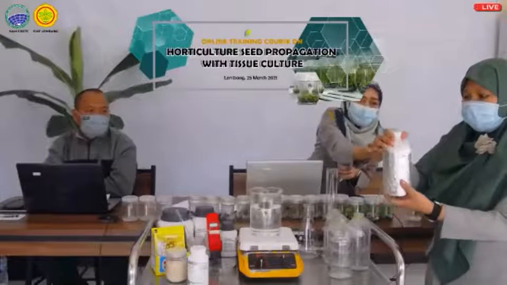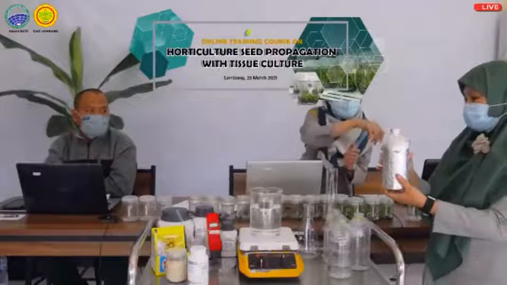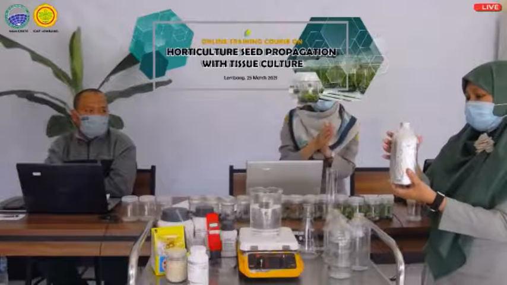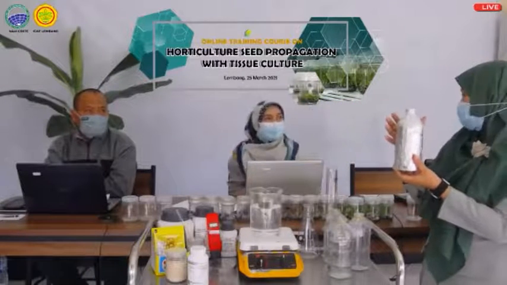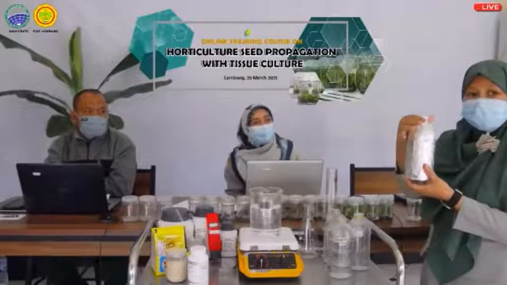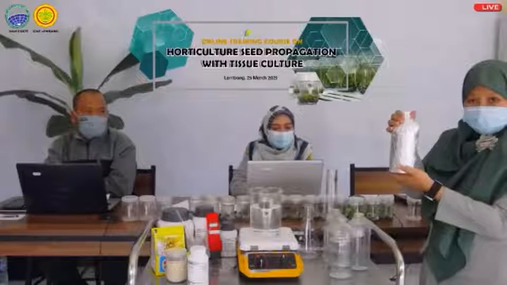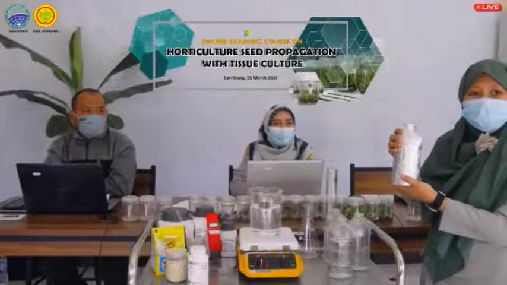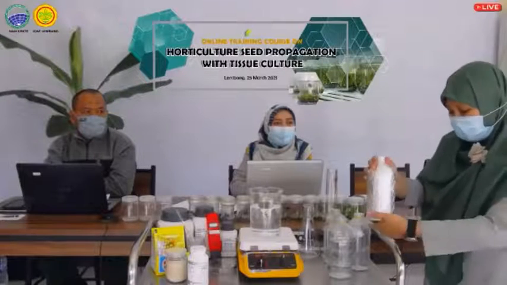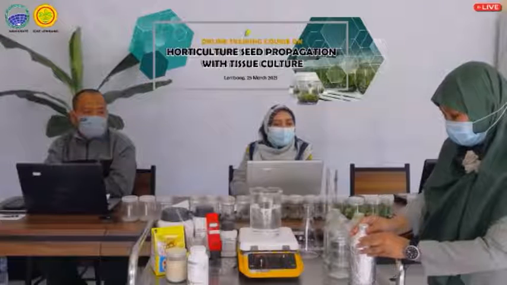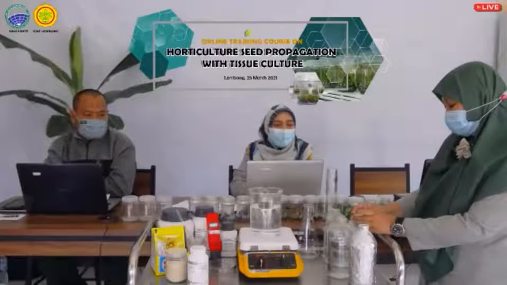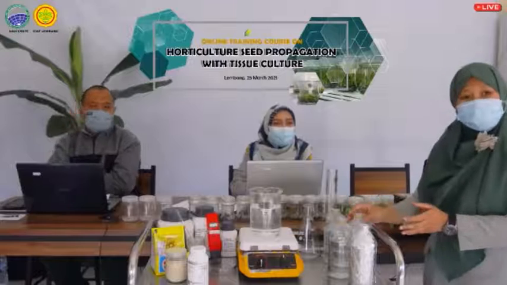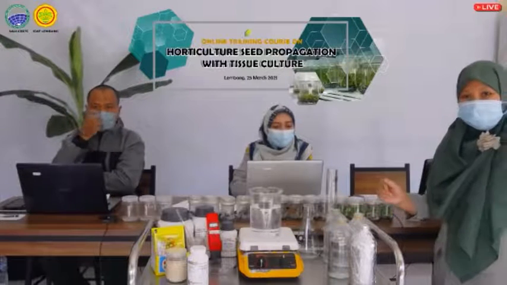For EDTA, you use aluminum foil. You have to wrap it. I think it's very sensitive to light, right? Yes, this one is sensitive to light, so we need to cover it with aluminum foil. For the cap, if you have the regular cap, I think it's okay. And if you don't have one, we can use plastic as well. Okay, Miss Sangeeta.